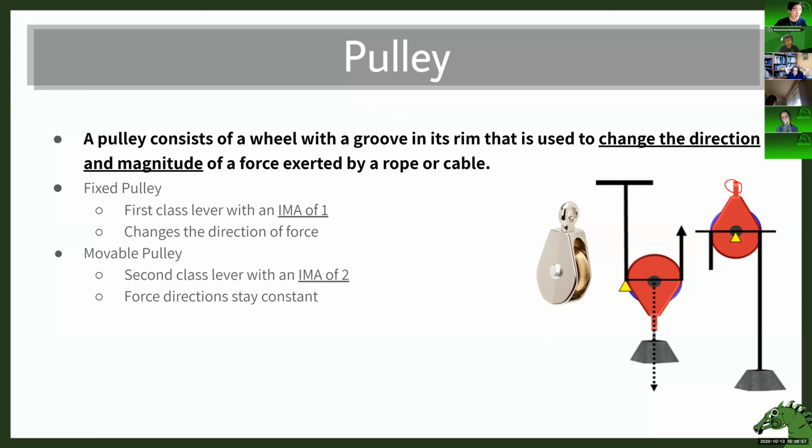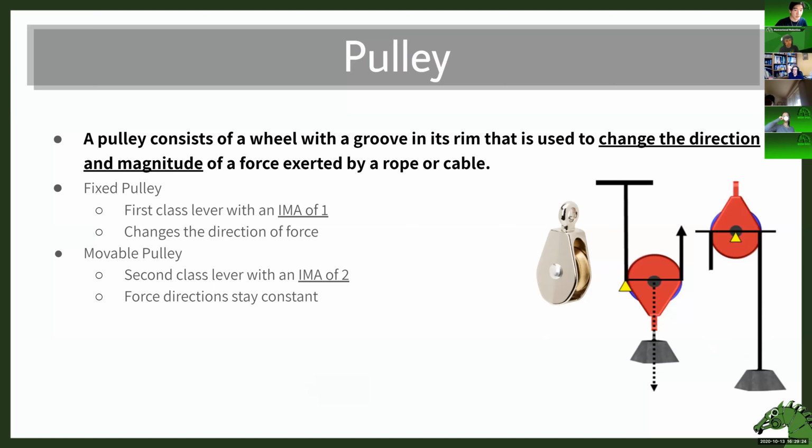So this would have an IMA of 1, since it's output over input, it's going to be the same number anyway. All this does is change the direction of the force, right? Think of it this way: you're applying a downward force, but the net force ends up going upwards. So you can lift something by pulling down. That's what a fixed pulley can do.